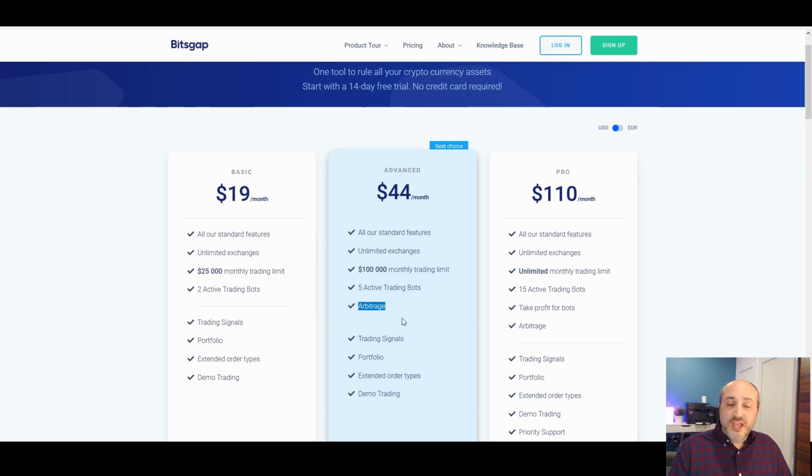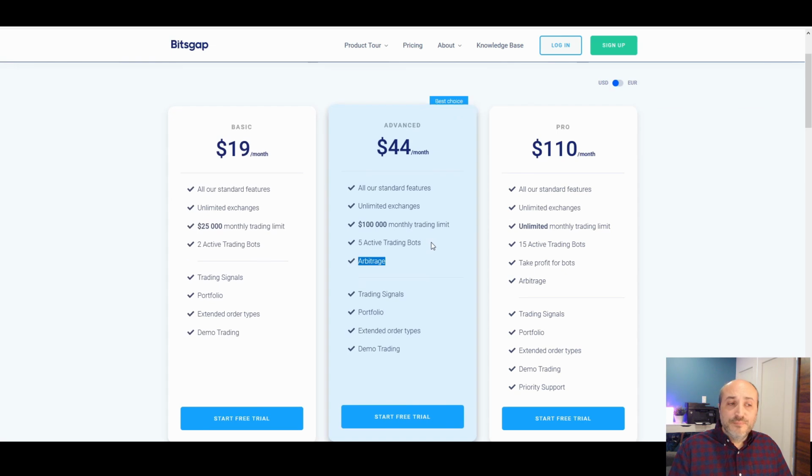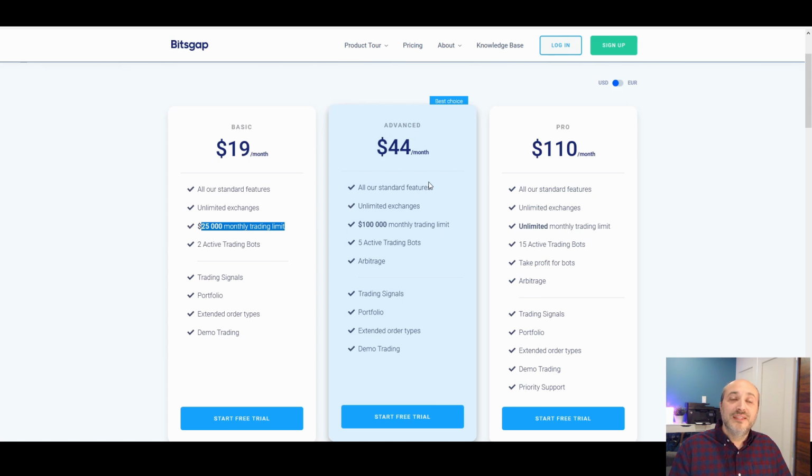And there's an arbitrage that I want to look into, but other than that, anybody can start with the $19 and you can have like 2 active bots without any problem. And the monthly trading, it's $25,000. So depending how much money you'll be trading, maybe that won't be enough. So that's why you might need to increase to the $44.